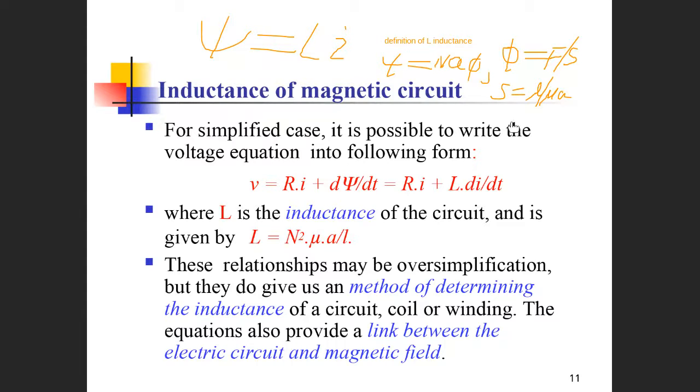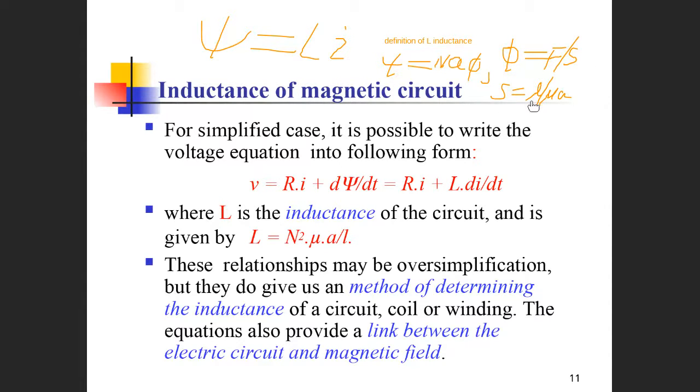For a simple case, look here. The flux linkage equals L times I, and the flux linkage equals the turn number N times the flux in the coil. The flux is produced by the magnetomotive force F over S, the reluctance.